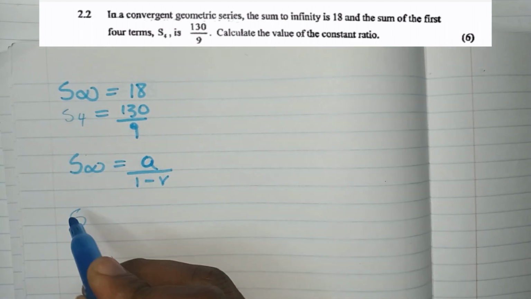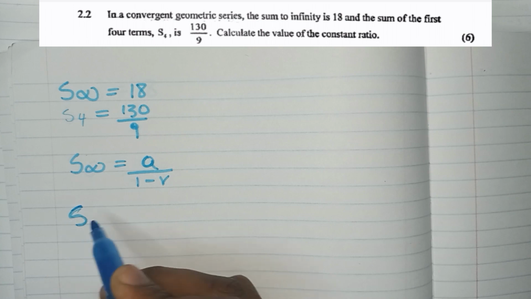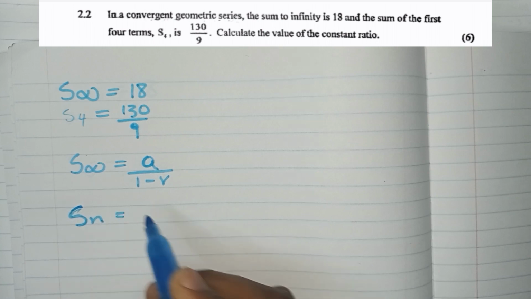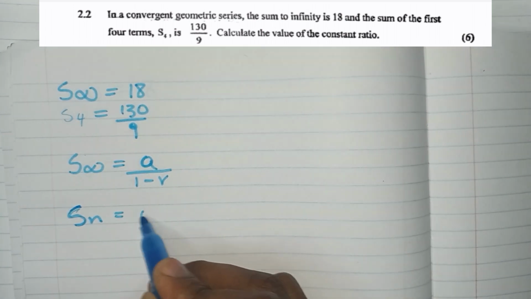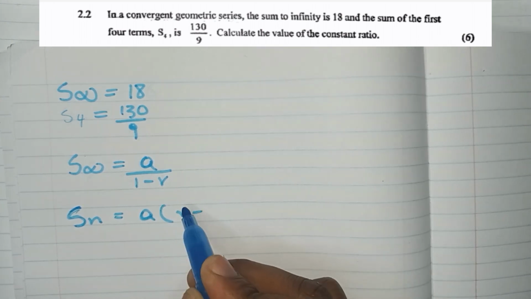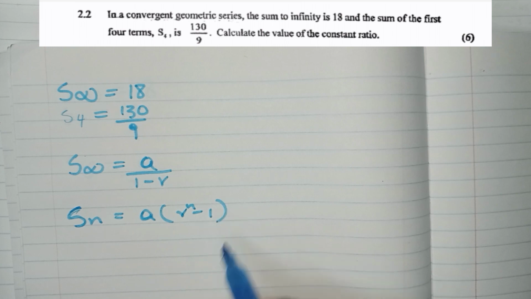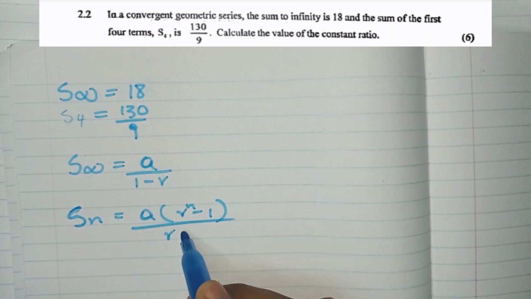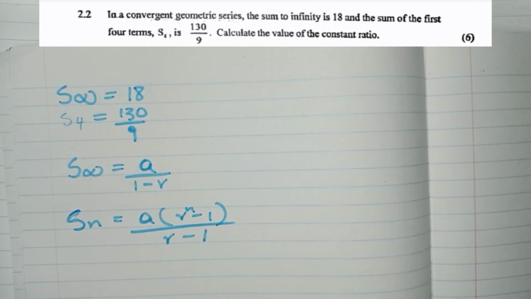Because we are looking for the sum, not the term number, Sn is equal to A times (R to the power n minus 1) all over R minus 1. So we have to put the given information into the formulas.